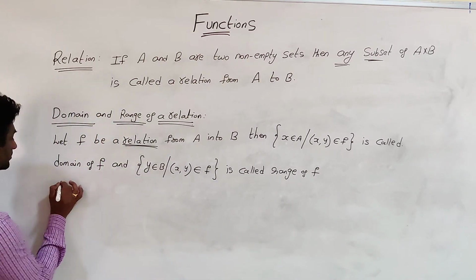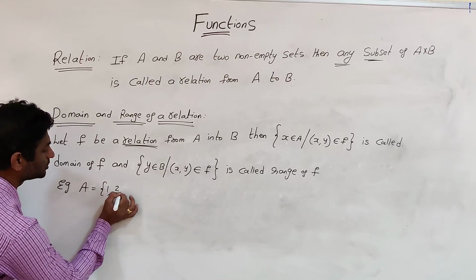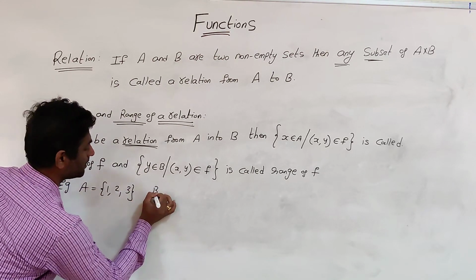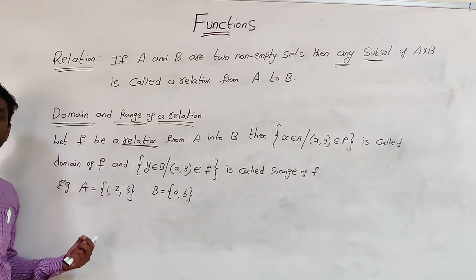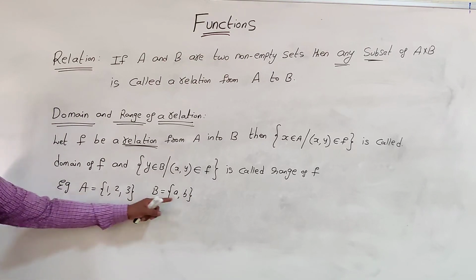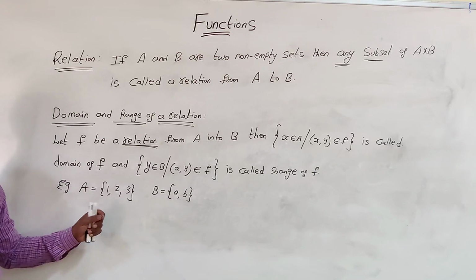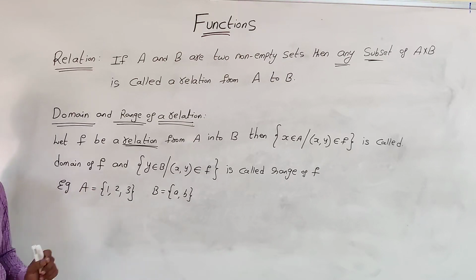Example, if A is equal to {1, 2} and B is {a, b}, choose any one subset of A cross B. Normally, A cross B will have 4 elements, so we can have 2 to the power of 4, that is 16 relations.